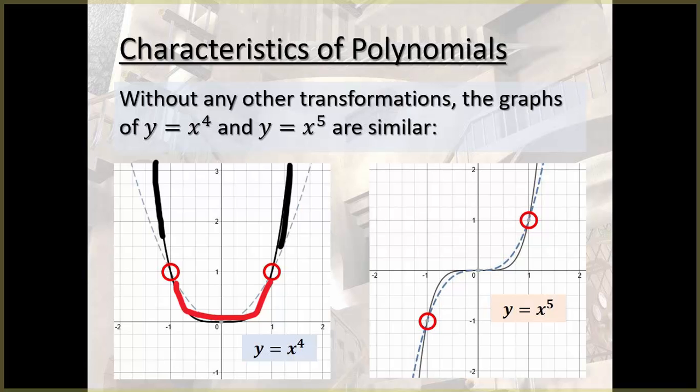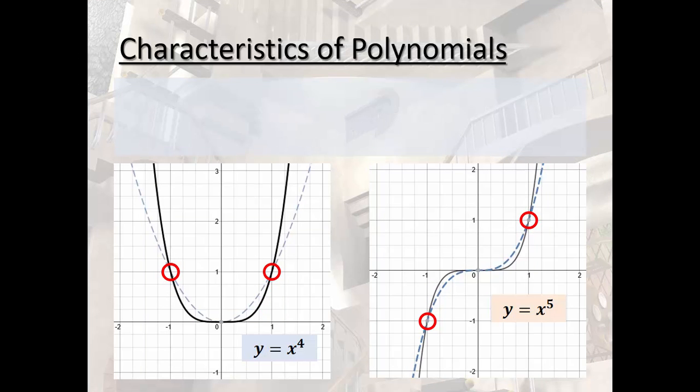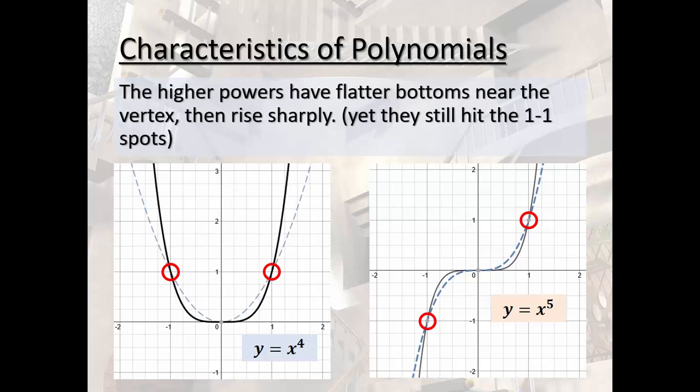In the case of x to the fifth, it's steeper right there outside those 1, 1 points, but it's a lot flatter in between. If you did x to the seventh, it would be even flatter. X to the ninth, flatter yet, and so on. So what I want you to take away from that is that the higher powers have flatter bottoms near the vertex, and then they rise sharply, yet they still hit those 1, 1 spots.